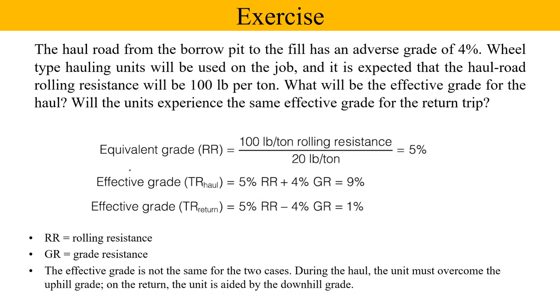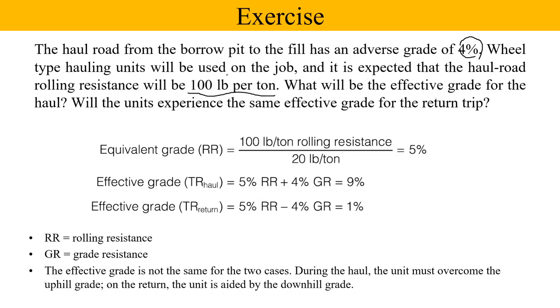All right, so here's an exercise. The haul road from the borrow pit to the field has an adverse grade of 4%. A wheel type hauling unit will be used on the job, and it is expected that the haul road rolling resistance will be 100 pounds per ton.